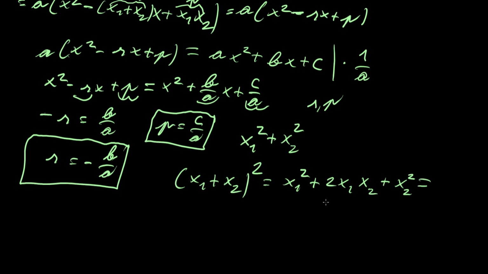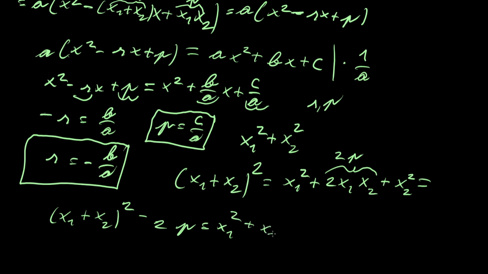That we only have to move the 2 times x1 times x2 to the other side of the equation, to the left side. And we will have (x1 plus x2) squared, and this is technically 2P. So it can be written up like 2P. So minus 2P is equal to x1 squared plus x2 squared.